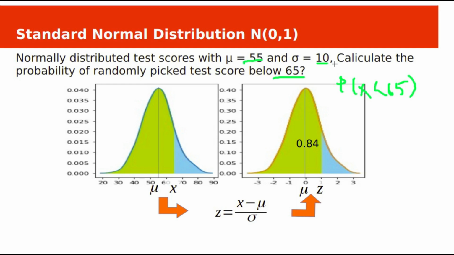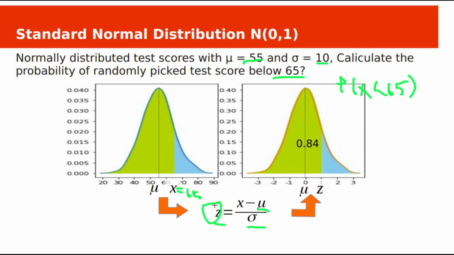Instead, if you standardize your function, then it gets much easier. Here our x is 65. To standardize this, we have to subtract the mean and divide by the standard deviation, and let the random variable z equal x minus mu by sigma.